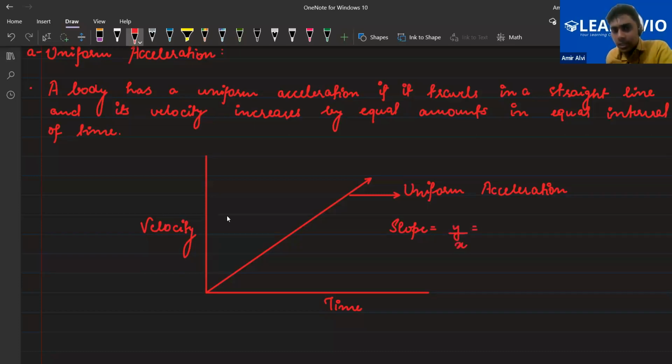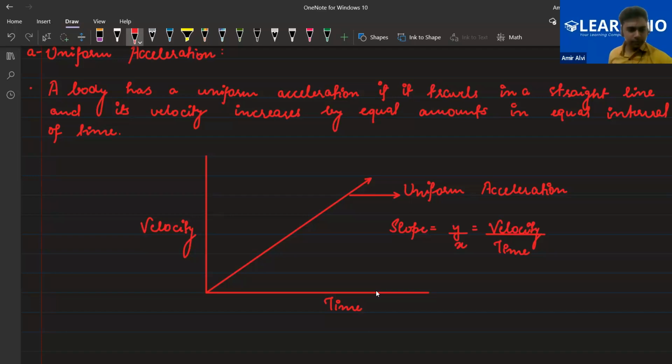On the y-axis, velocity is represented, and the x-axis is representing the time.